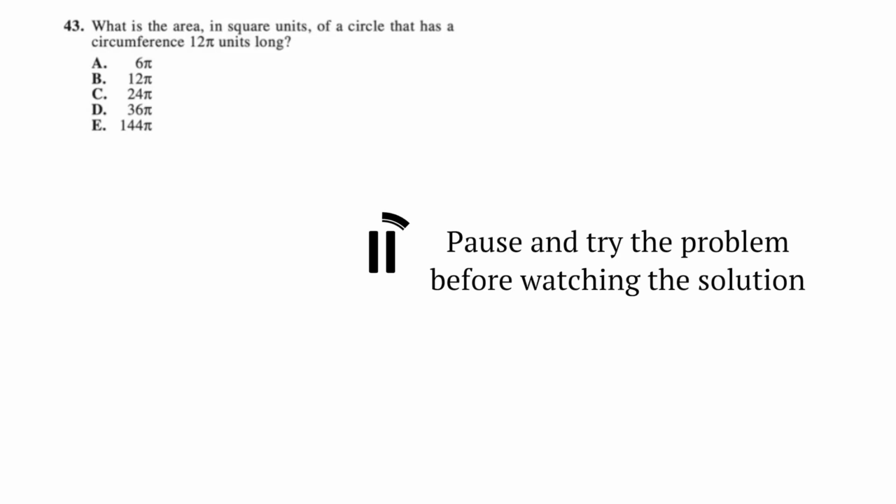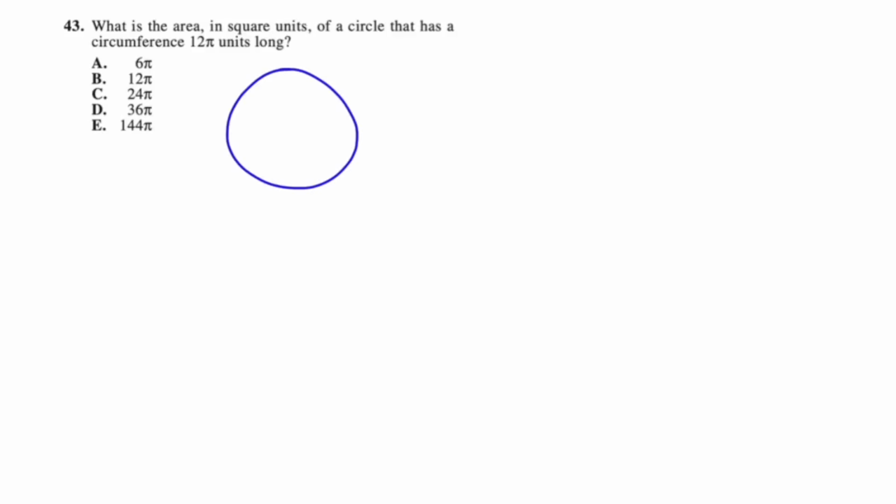43 says, what is the area in square units of a circle that has a circumference of 12 pi units long? So to do this problem, you have to start by drawing a perfect circle, and then labeling the circumference as 12 pi.